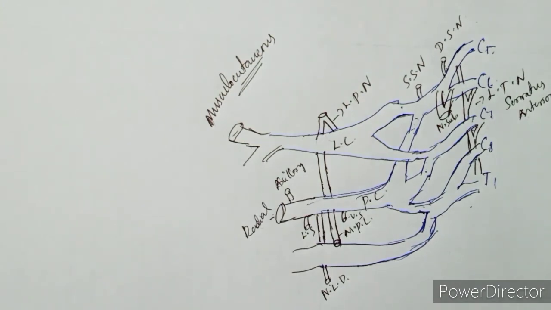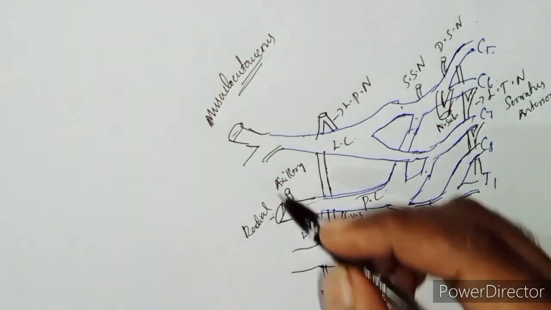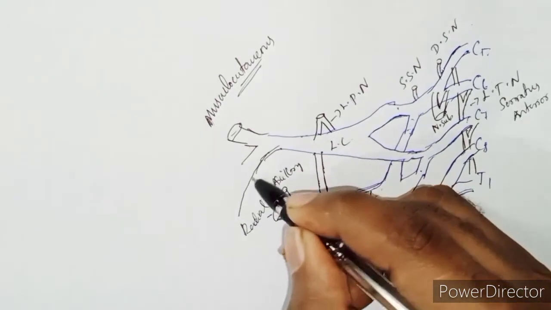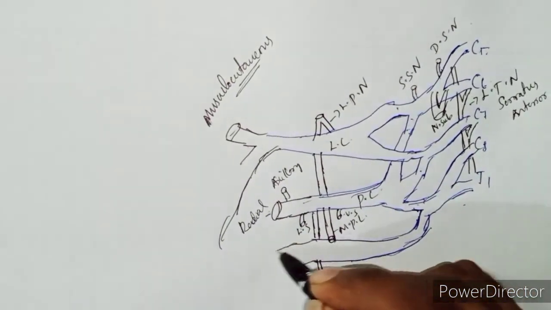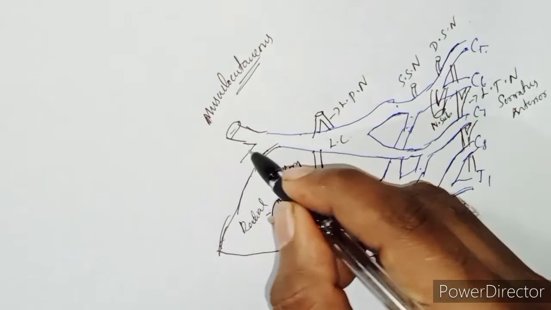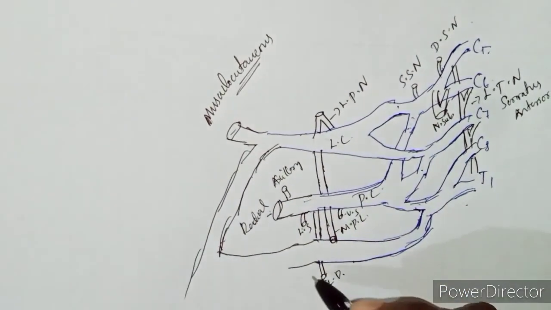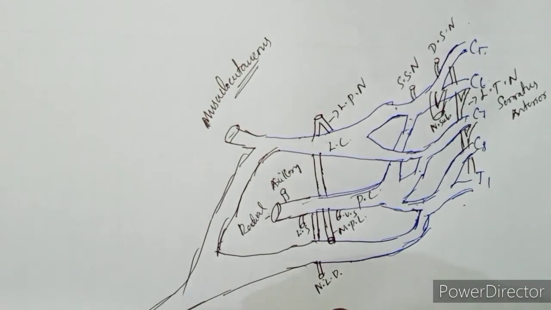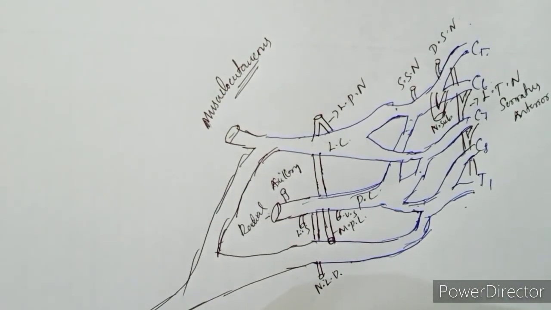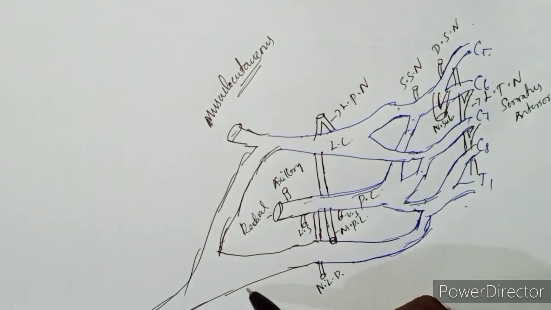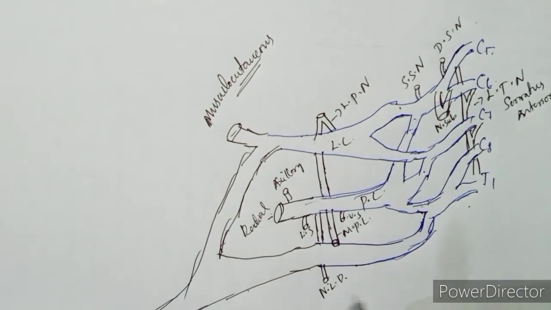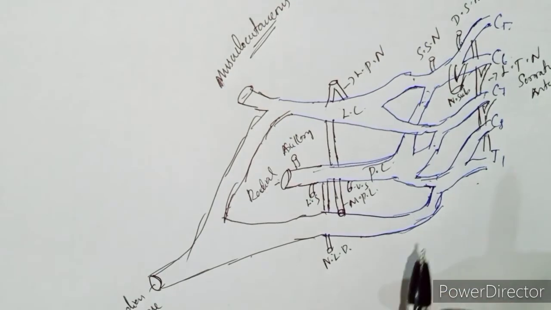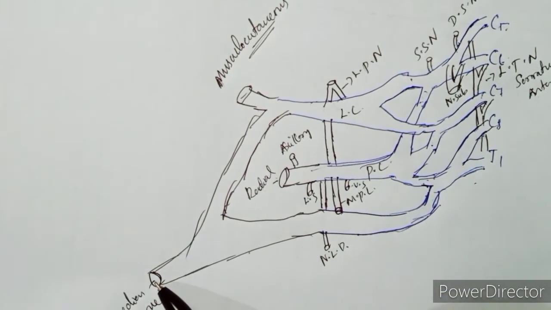the medial cord is again going to give 5 branches. This is getting united to form a median nerve. This is called a median nerve.